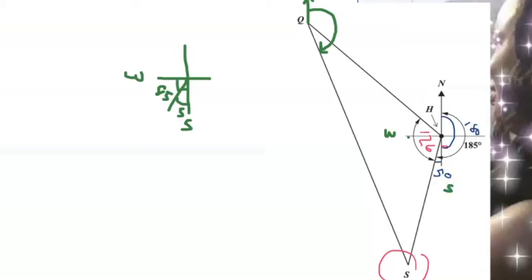So I'm able to note that right here is 85 degrees, because 85 plus 5 degrees gives us 90 degrees between the west and the south pole. It forms a 90-degree angle. So that's why I'm able to say this is 85 and this is 5 to give me 90.